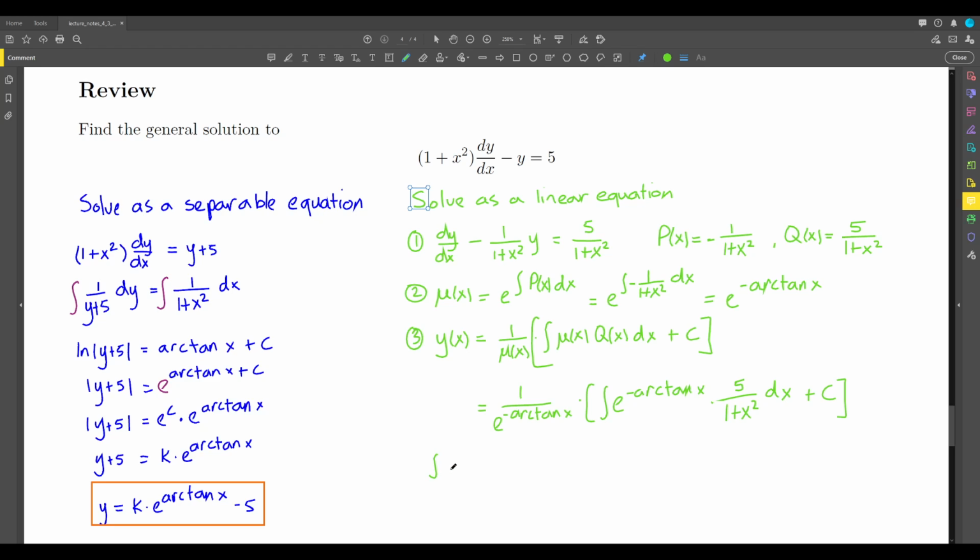So let's take a look at e to the power negative arctan of x times 5 over 1 + x².